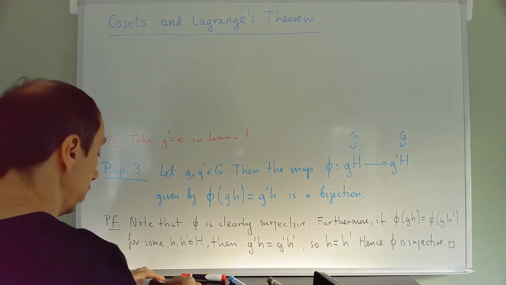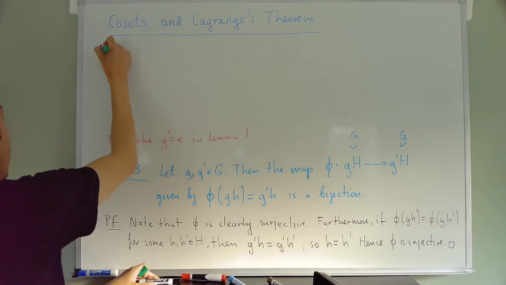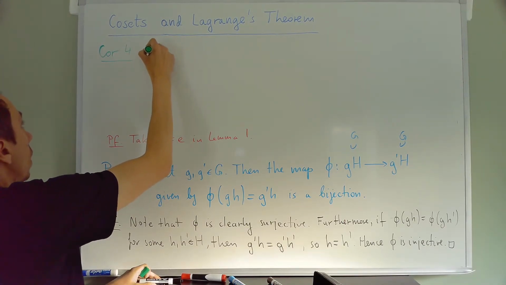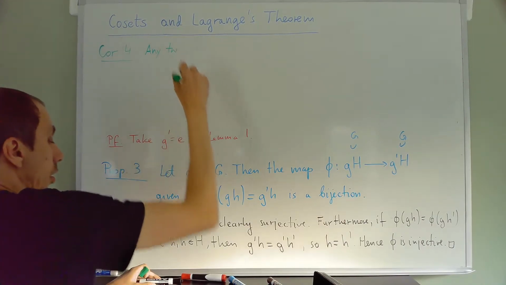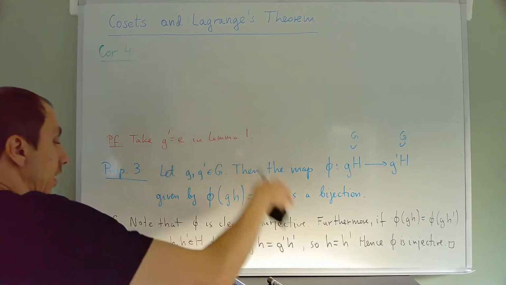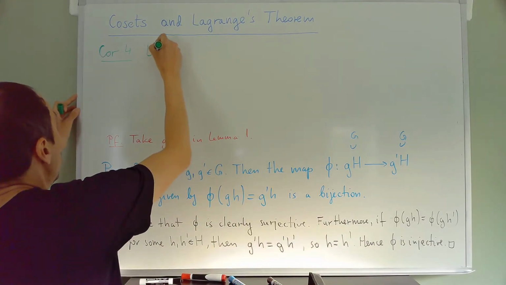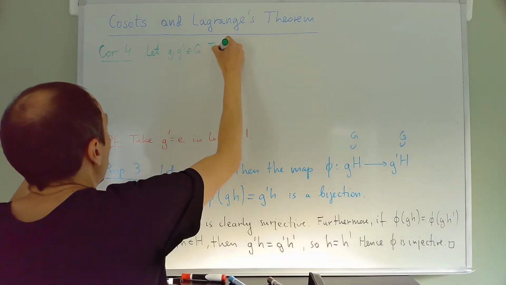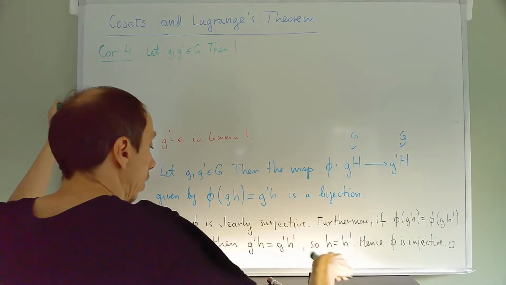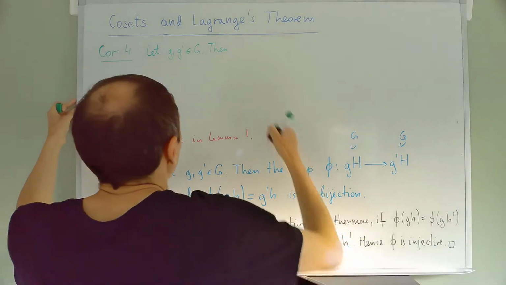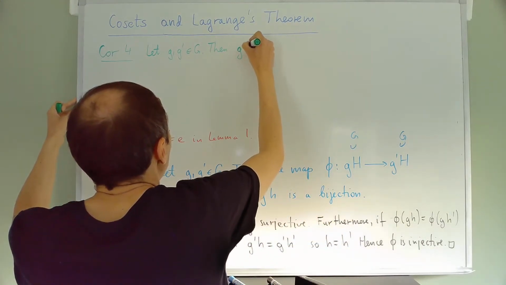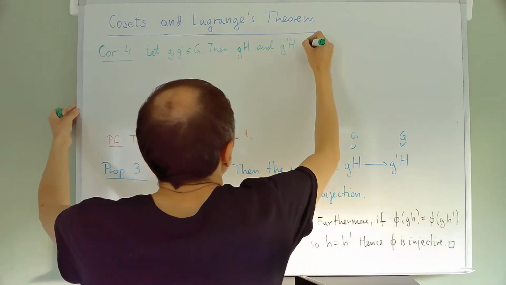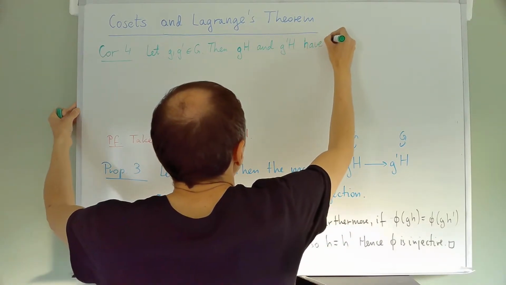So, corollary for any two cosets. Oh, maybe let's just write it precisely. So let g and g' be in G, then gH and g'H have the same cardinality.